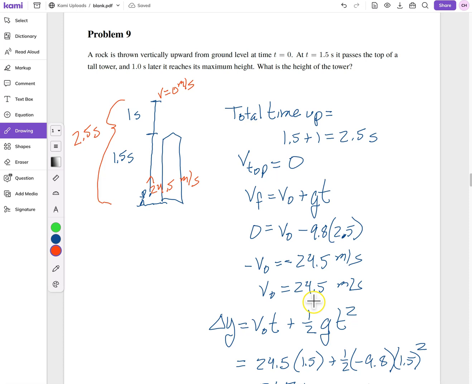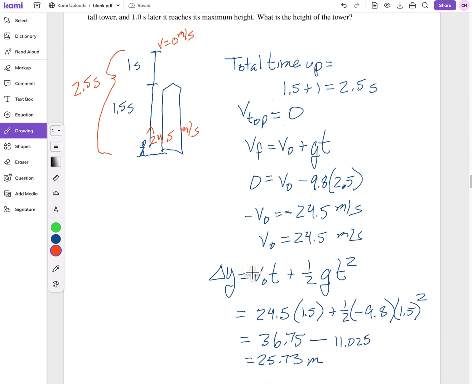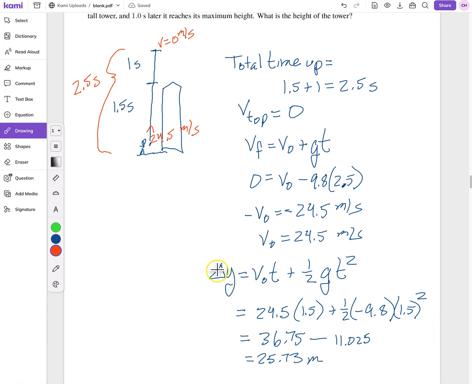Now that we know how fast it's going up, we can use our distance equation, delta y, and sometimes this is delta x, is equal to V0t plus 1/2 gravity times time squared. We've got 24.5 times 1.5, and notice that this is up. So we want to define up here as positive and down as negative.